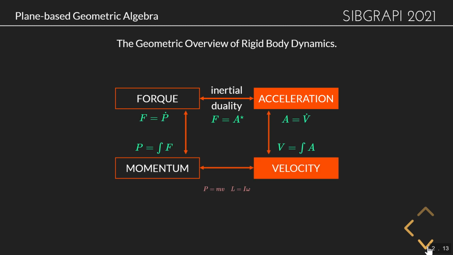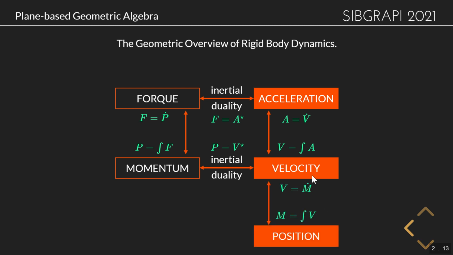Forks get integrated into momenta, and accelerations get integrated into velocities. This is the same way as you would classically do it. But again, this classic relationship that relates momentum and velocity gets replaced by the same inertial duality. And then all we need to do, of course, is integrate our velocity into our position.